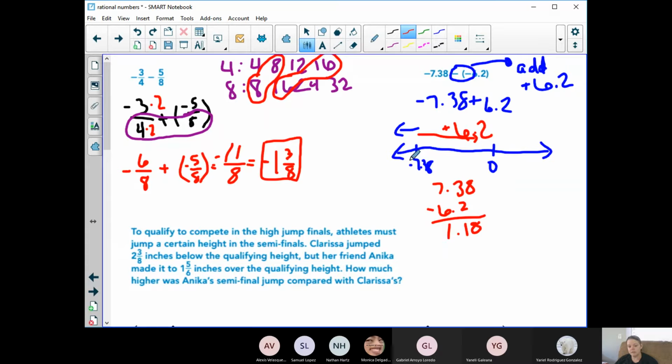And since 7.38 is negative, my answer is also going to be negative. So my answer is negative 1.18. Any questions about that? Okay.